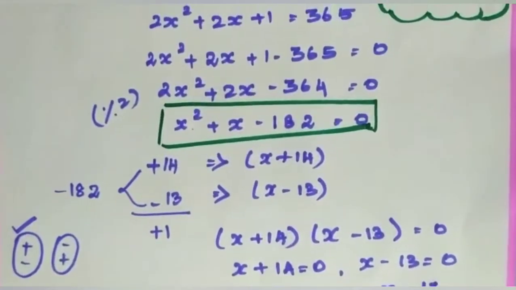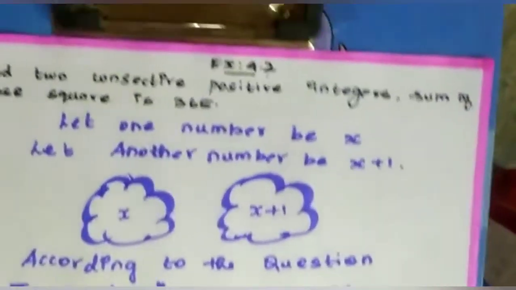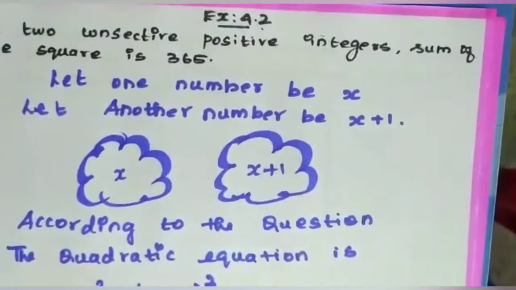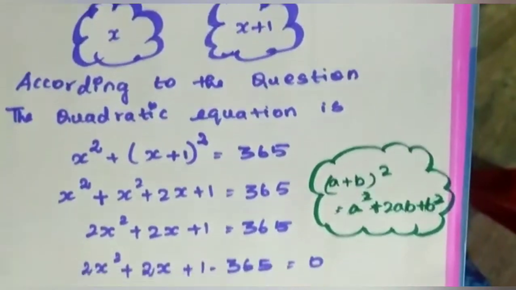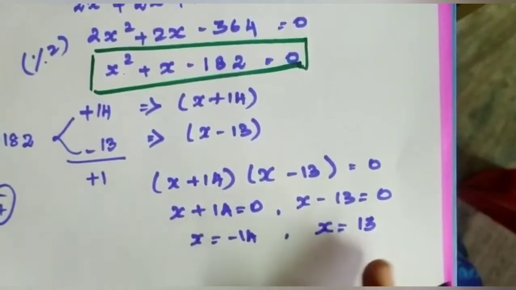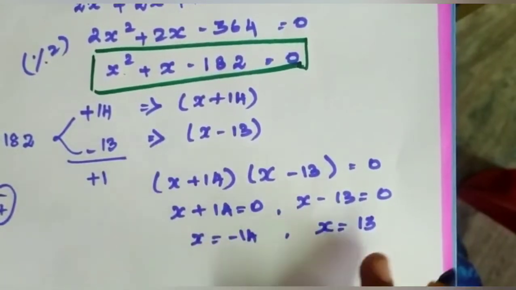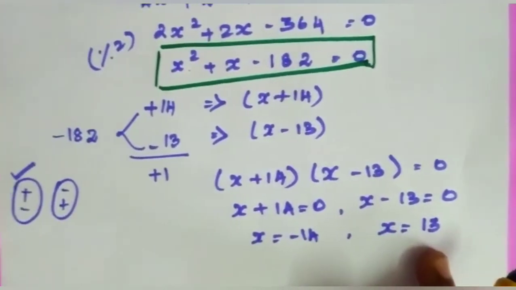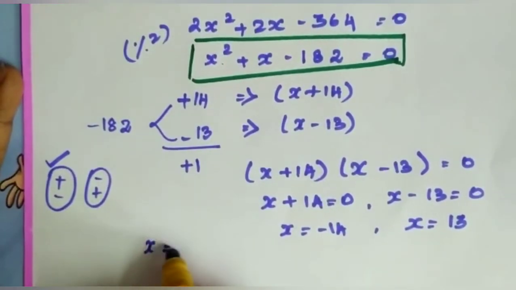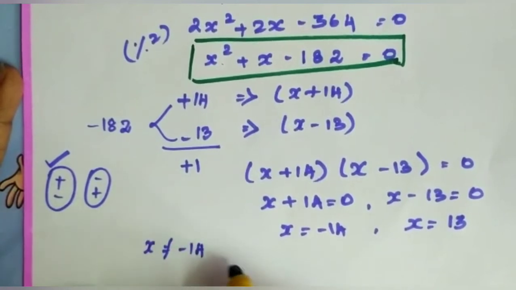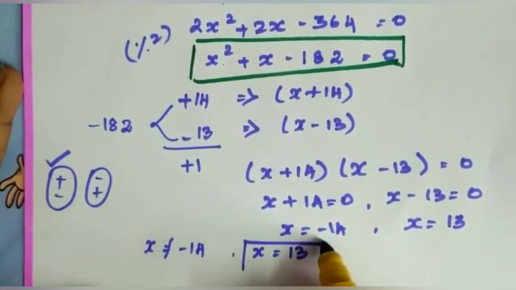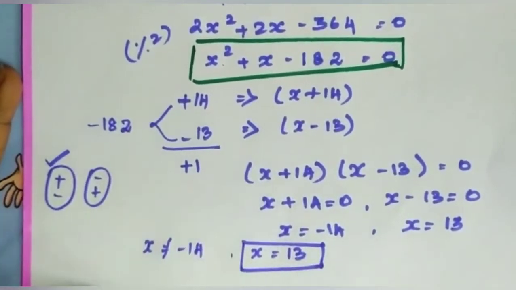They said to find two consecutive positive integers. So which one can we choose, positive or negative? We can choose only the positive value. We can't take x is equal to minus 14. We can take only x is equal to 13.